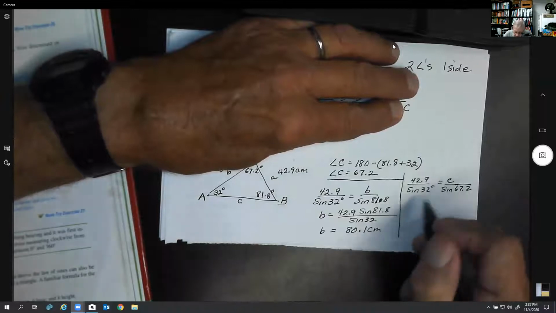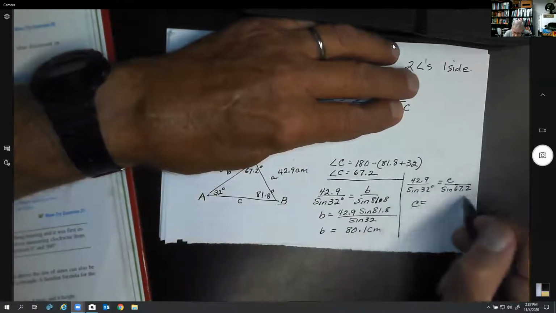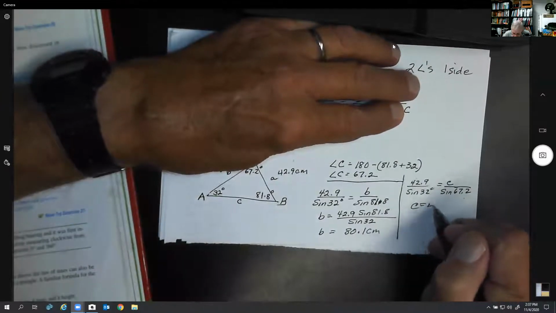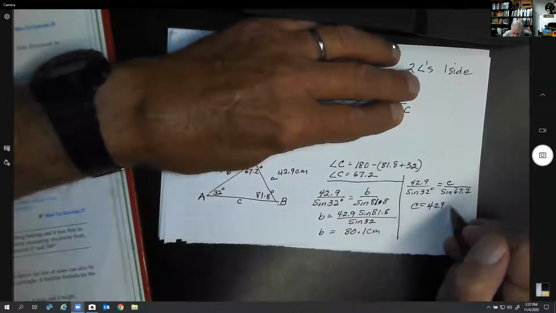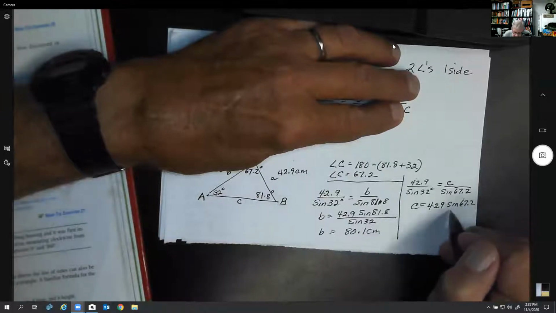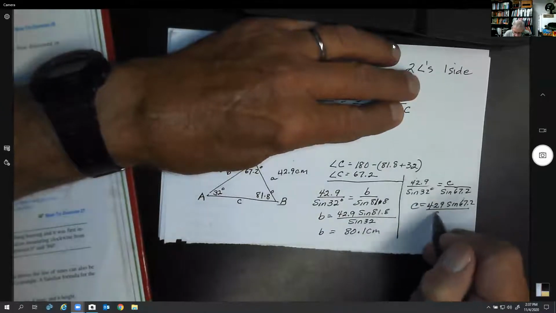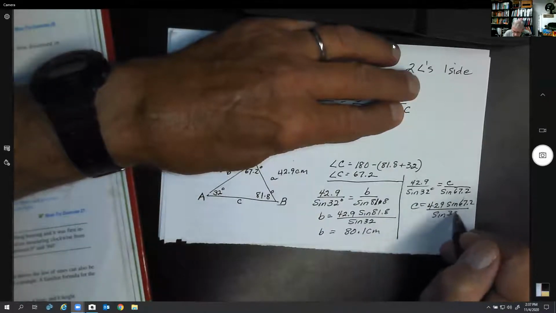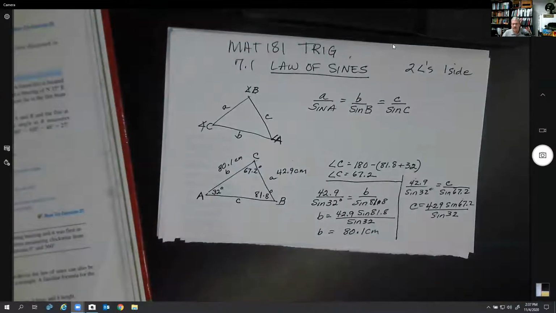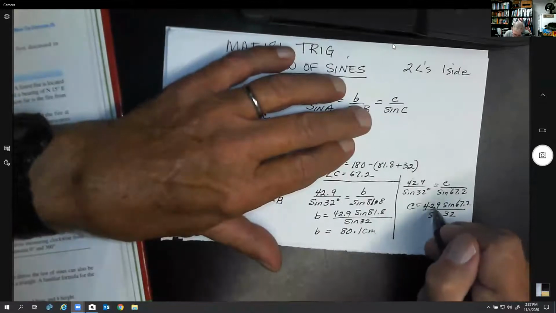And again, C is equal to cross multiply 42.9 divided by sine of 67.2, and then divide by what's left, sine 32. So you could see, pretty easy to do. It's just a matter of putting it into the formula for a change.